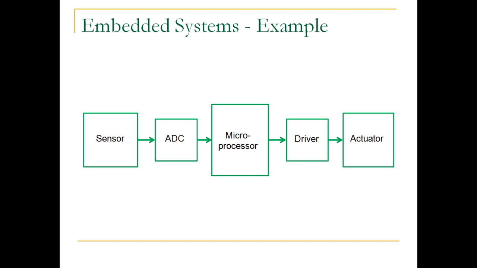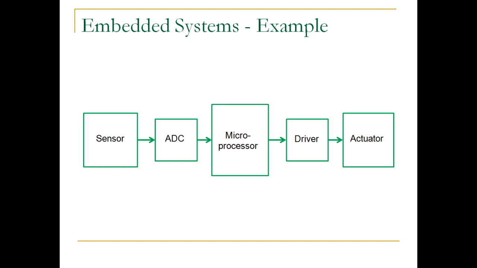It is not possible. So somehow you need to convert the analog value into digital data. For that, you are using something known as an ADC, analog to digital converter. So the sensed temperature value, which is in analog format, will be converted to digital and sent to the microprocessor, which is a digital device, and the processing will be done there.